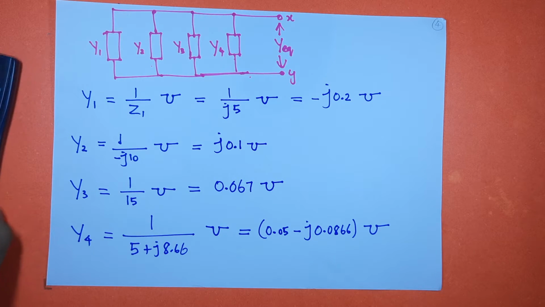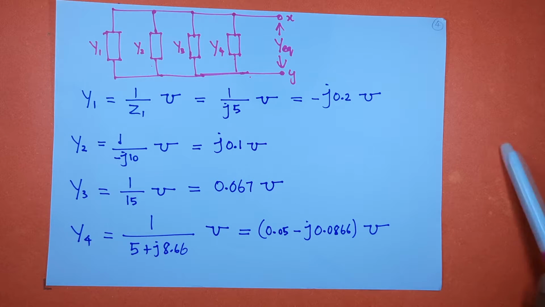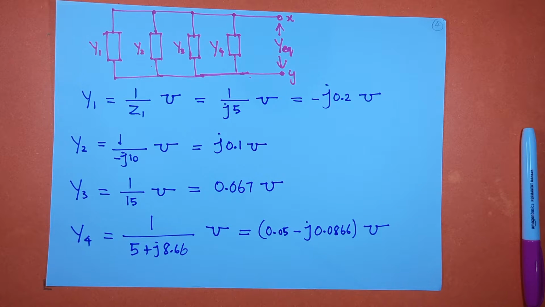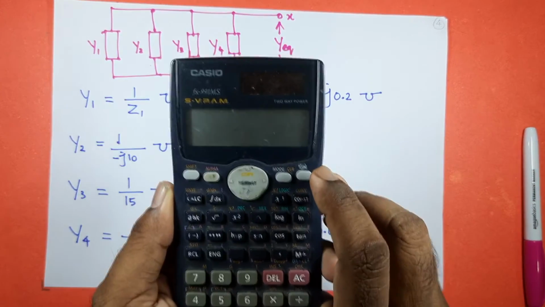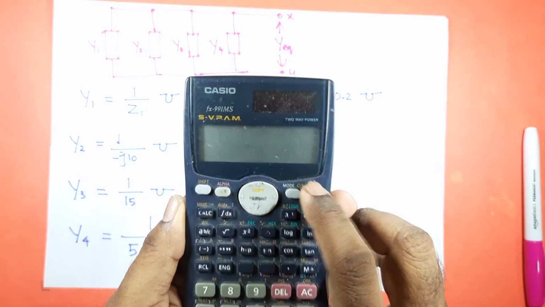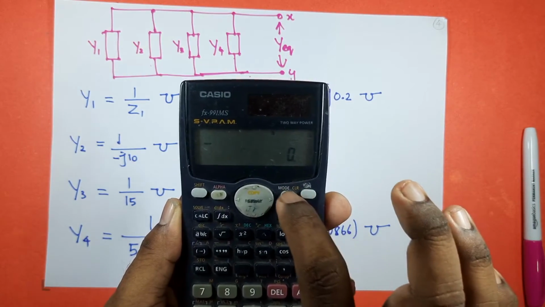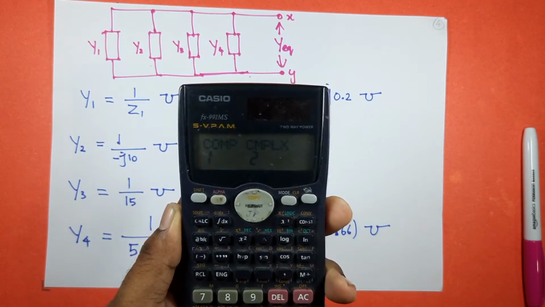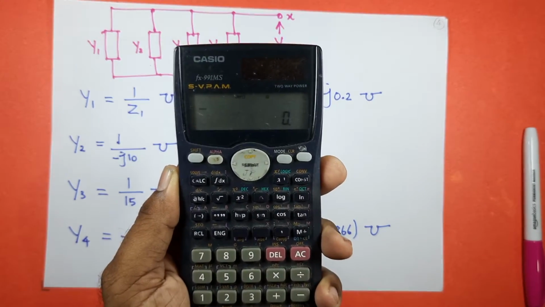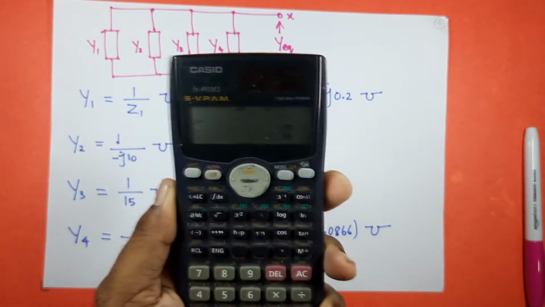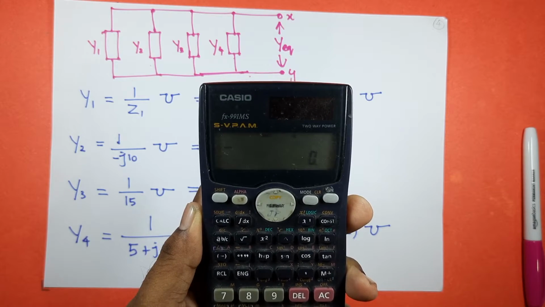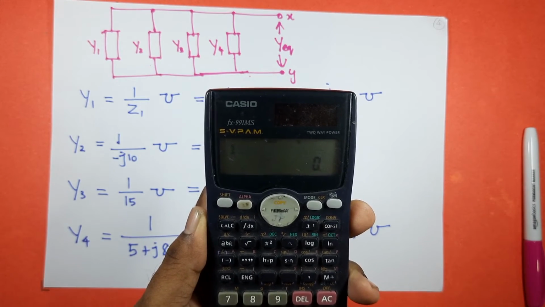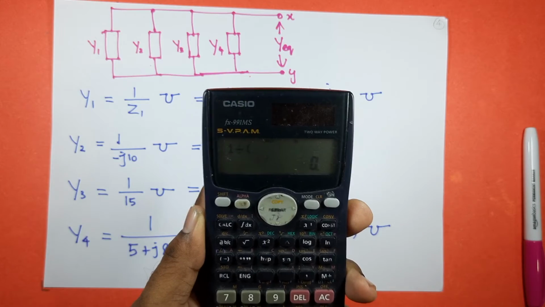So how to do this? We will also see how to use the calculator for complex operation, right? So I will show you. I think it may be visible. So what you have to do is switch on the calculator, press the mode button, you will select 2, right? It will go to complex mode. In complex mode, you put 1 divided by, open the bracket.